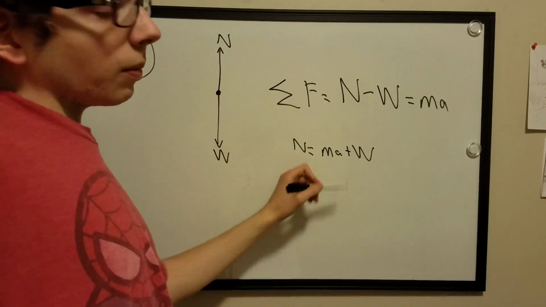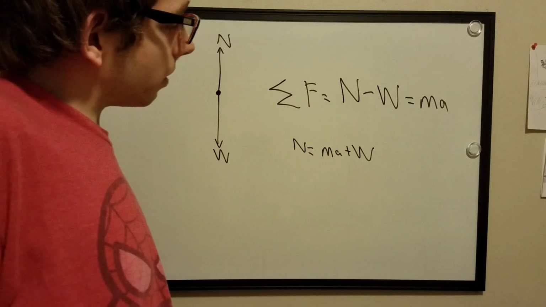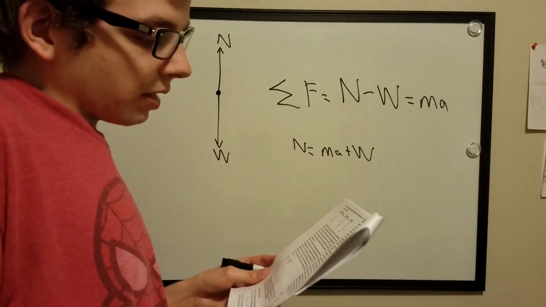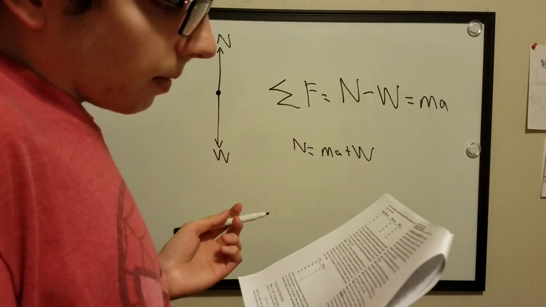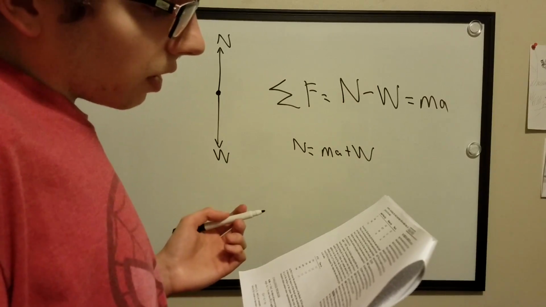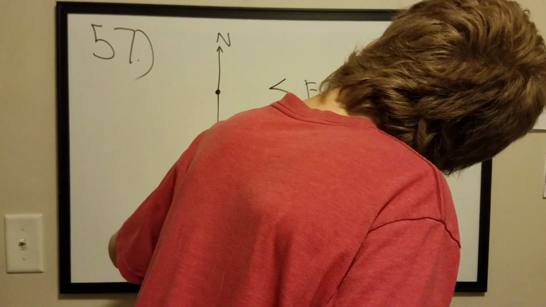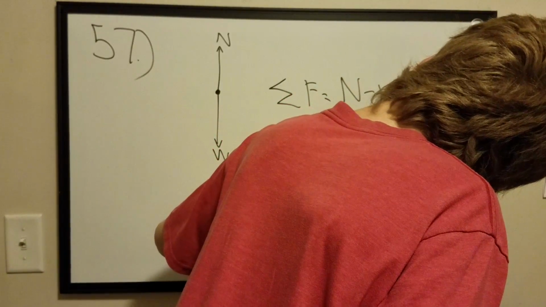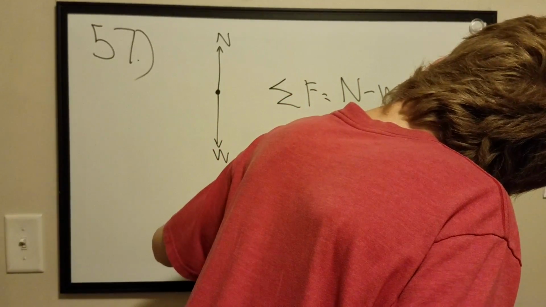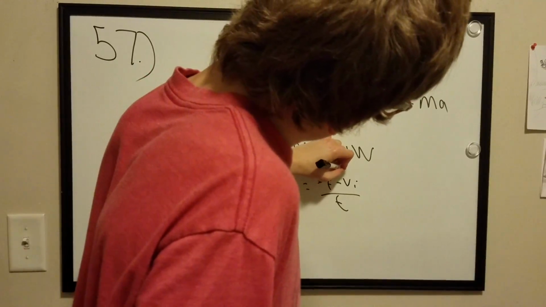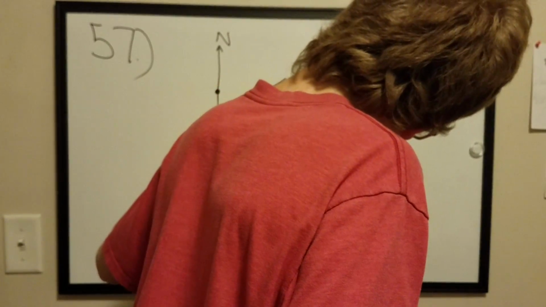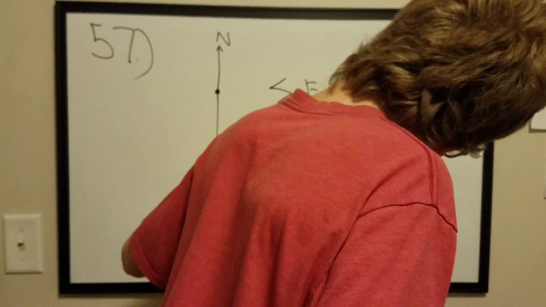We have acceleration, but luckily we can solve for acceleration based on the information they gave us. It said that the initial velocity is 4.0 meters per second. So we'll just do acceleration equals v final minus v initial all over t. V final is 0. So acceleration here is just negative vi over t.